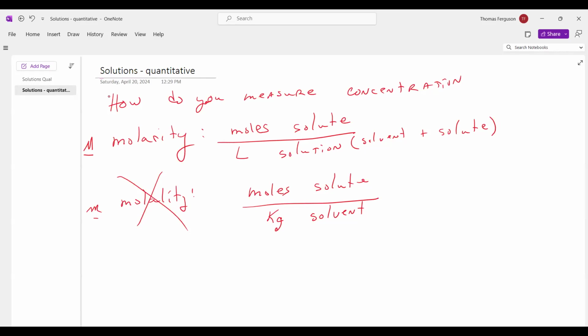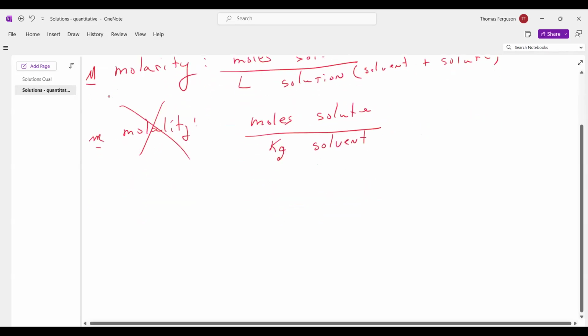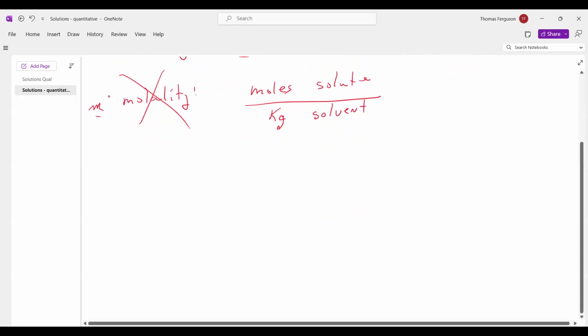Okay, so moles per liter. So let's look at a simple problem.